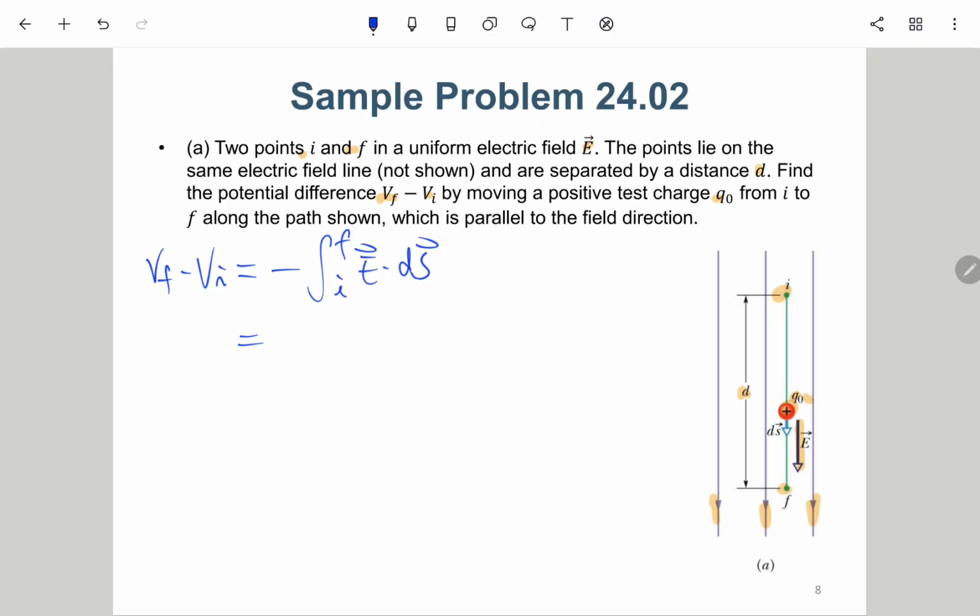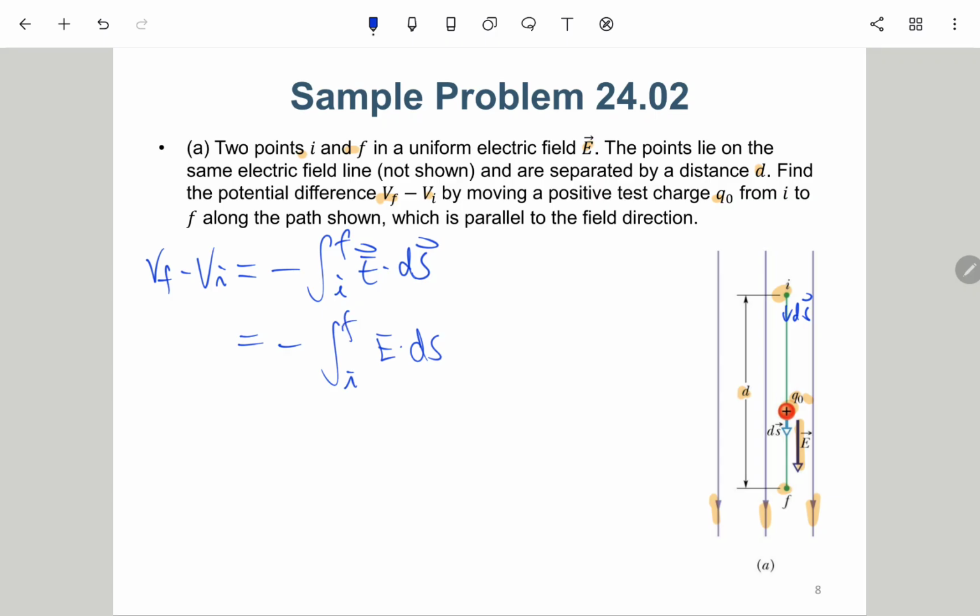For E dot ds, this green line is a straight line, so you can imagine ds all the way pointing downwards along the path from I to F. E is also pointing downwards, so they point in the same direction, which means E dot ds is E times ds.